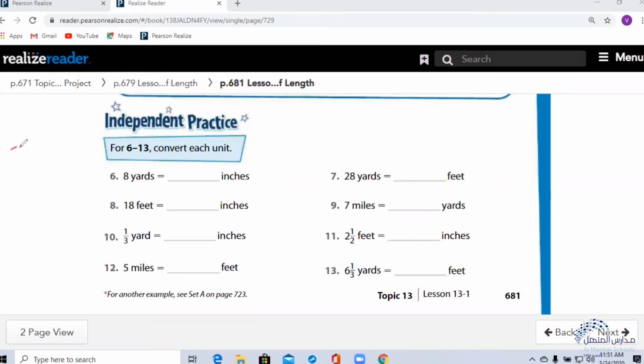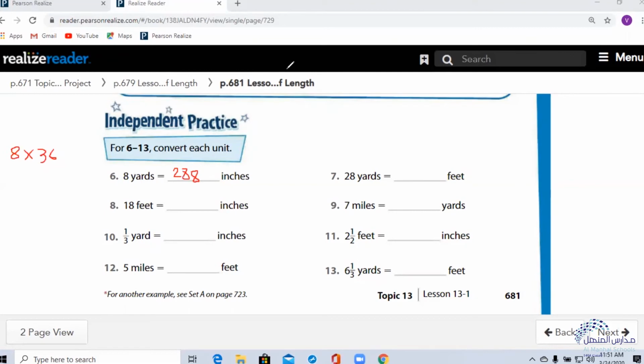So I have 8 yards, and I need to multiply that with 36. That will give me 288. So there are 288 inches in 8 yards.